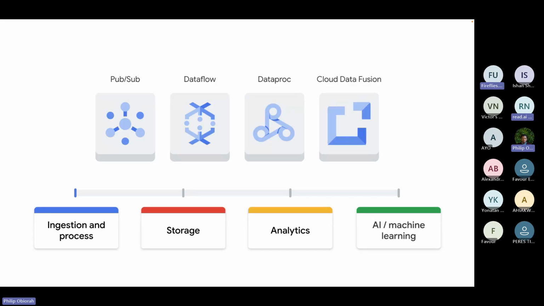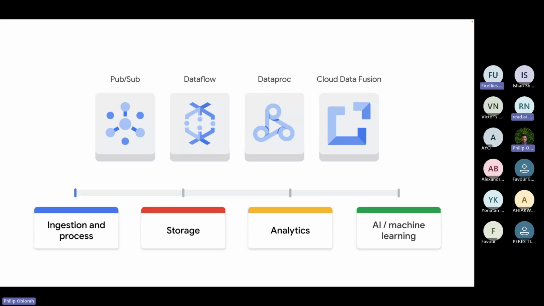There's an interface for drag and drop, and you can connect different data sources like Oracle and SAP to BigQuery without having to write complex Java or Python code. It allows for easy connectivity between other services. So this is Cloud Data Fusion.